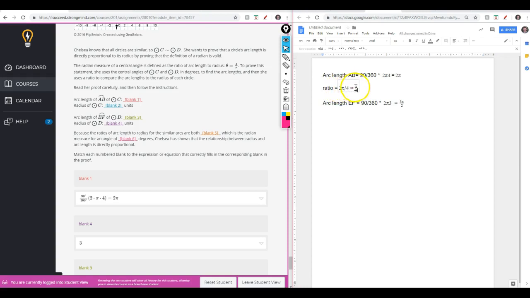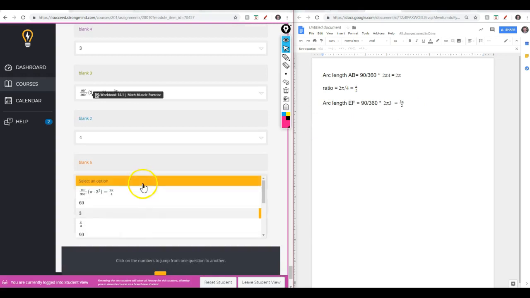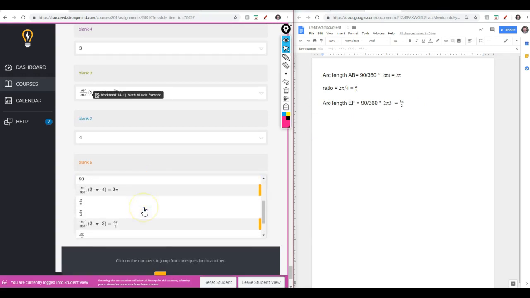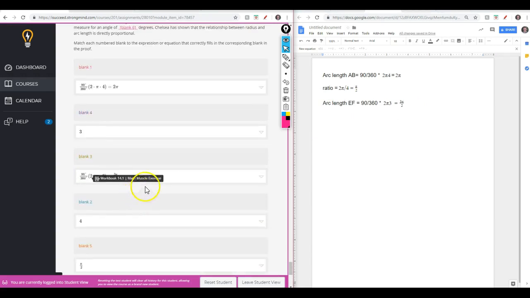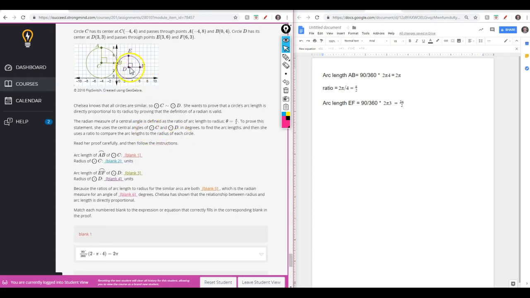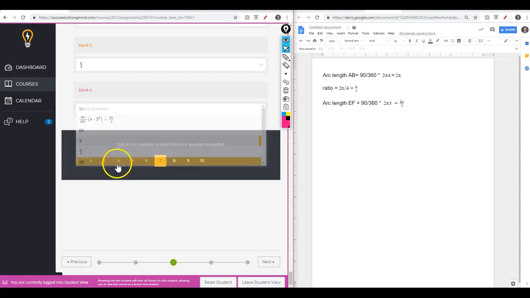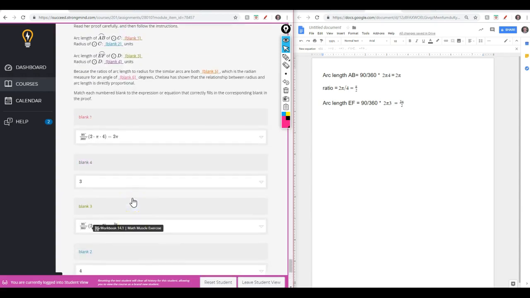So 2 divided by 4 is 1/2, and that is the ratio for blank 5: pi halves. And it says, which is the radian measure for an angle of 90 degrees, since that's what we have at 90 degrees. So those are the blanks.